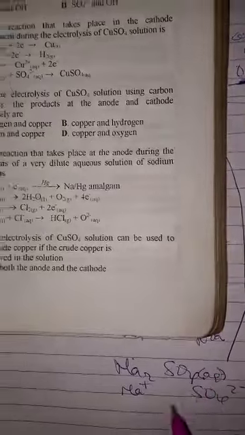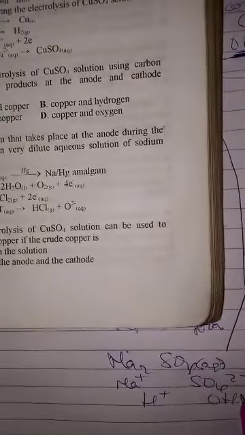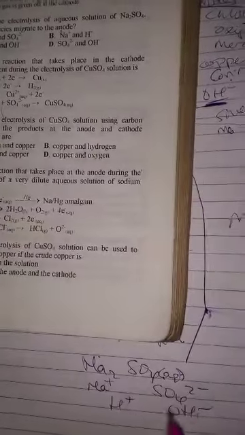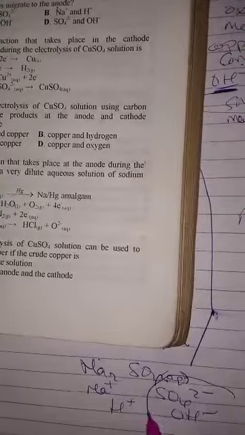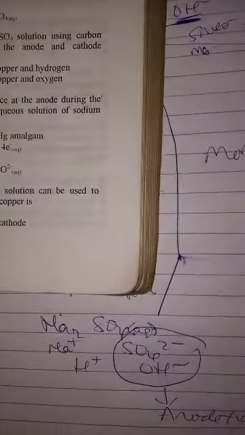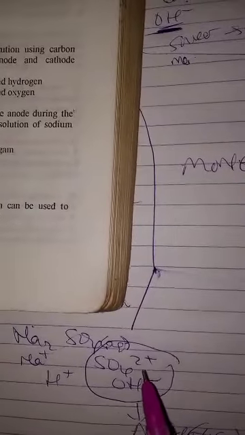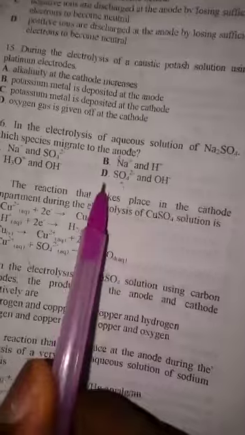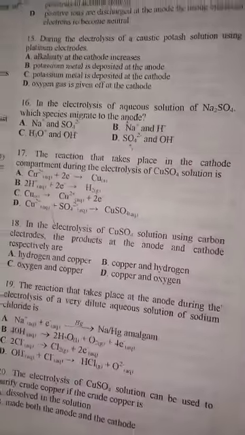In aqueous solution, you have H plus and OH minus. Which one will migrate to the anode? The negative ones, because the anode is positive. So your answer is SO4 2 minus and OH minus. This is option D. You get it now?